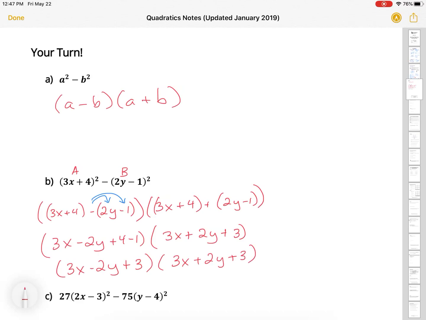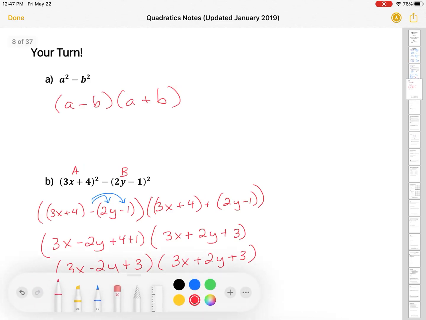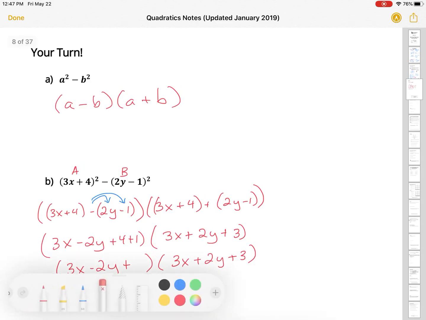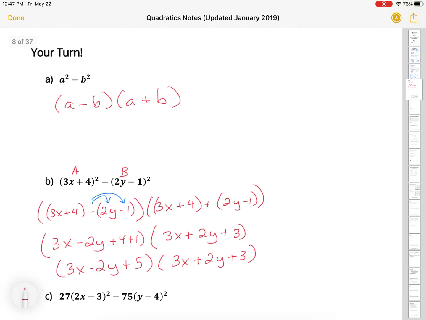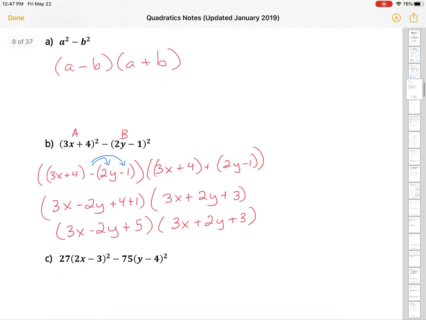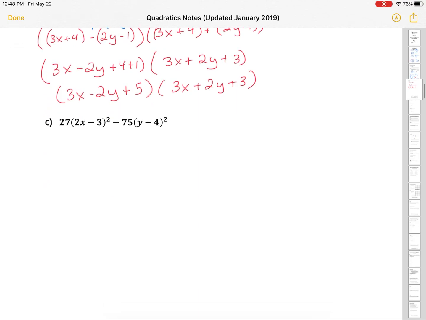Oh, wait. I made a mistake, didn't I? This will be a plus. You're going, miss, I got a different answer. You would, because this should be a 5, because I forgot about distributing that negative sign. Okay? Even the best teachers make mistakes.